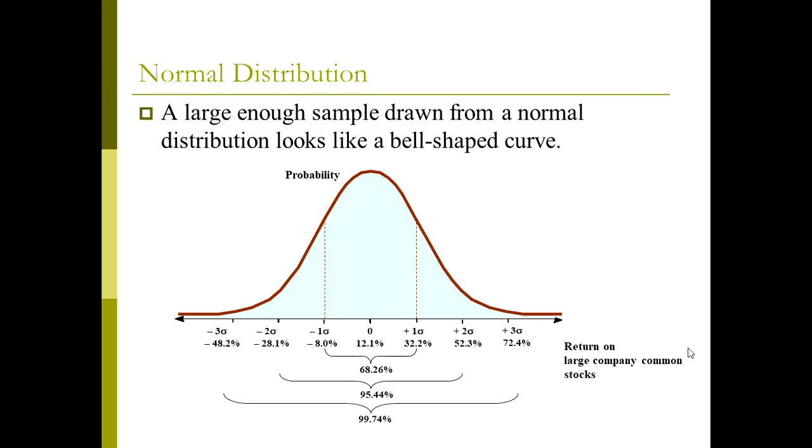Just want to review what a normal distribution is, because a lot of the time when we study stock returns, we will make the assumption that stock returns follow a normal distribution. So normal distribution looks like this.